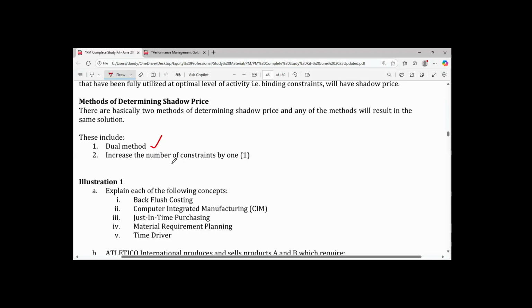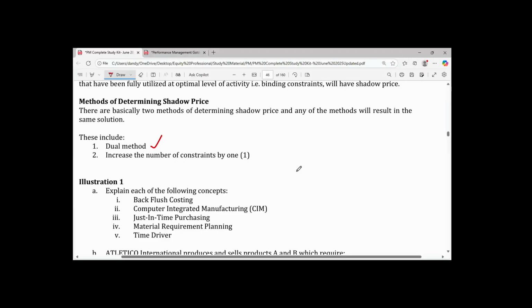specifically there are about 3 or 4 procedures that you are supposed to carry out. The first step is to identify the equations that intercept at the optimal level of activity. The optimal level of activity is that level where the decision is made.